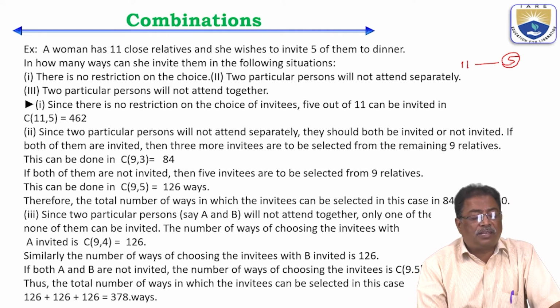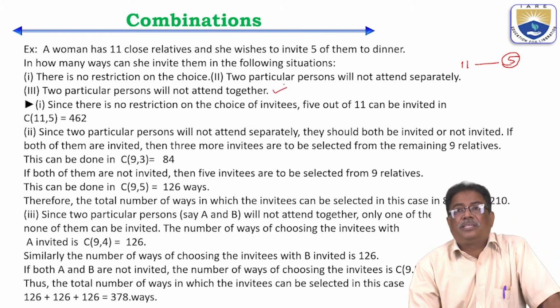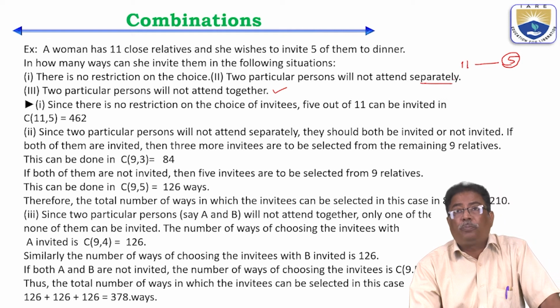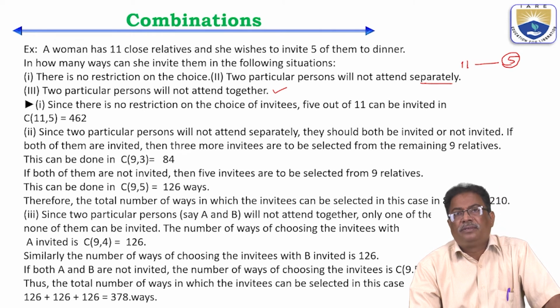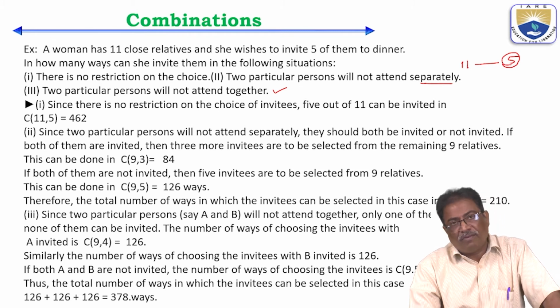And here the third case, the 2 particular persons will not attend together. So here the second one is, 2 people are going to attend together, and here if X is going to attend, Y will not attend. Y will attend, X will not attend. Then the 2 persons, if you consider them as X and Y, if X will come, Y will not come.